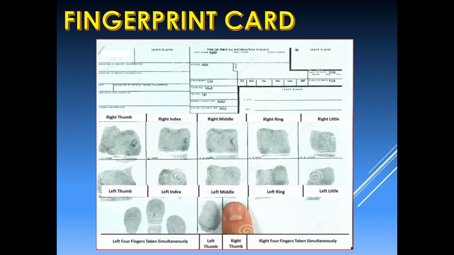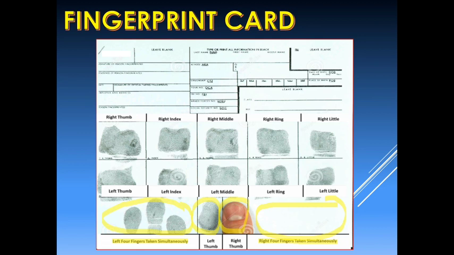Now on this particular part, this is intended for the left 4 fingers, which are taken simultaneously, then this part will be the left thumb, and this is intended for the right thumb, and this particular part is intended for the right 4 fingers taken simultaneously. Again, the coverage of the fingerprint classification is on the rolled impression.